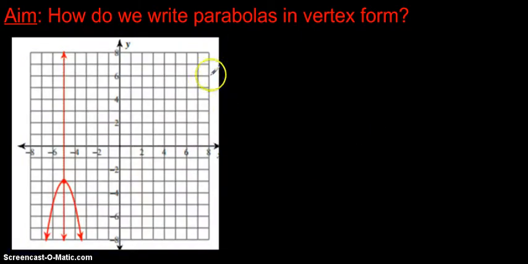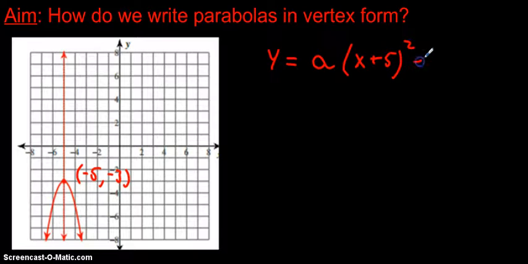So this is a parabola, and just looking at it, we can tell what its vertex is, and its vertex is currently at negative 5, negative 3. So in vertex form, that would look like this. Y is equal to a times x plus 5 squared minus 3.